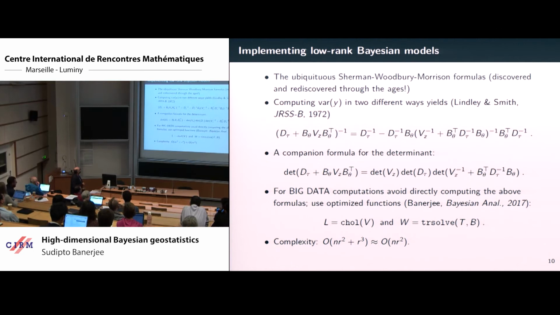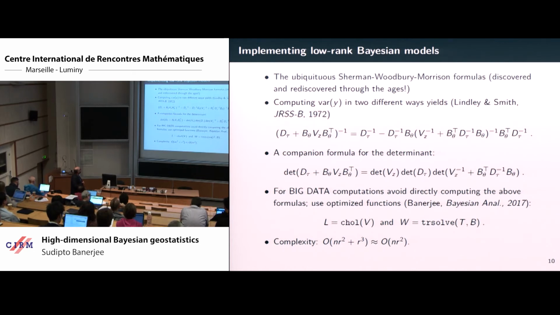But it is hugely widely used, and the reason why is that on the left-hand side you have this n by n matrix, and this could be diagonal or sparse. The B theta is long but not wide. V_Z is R by R, so it's not a big matrix.